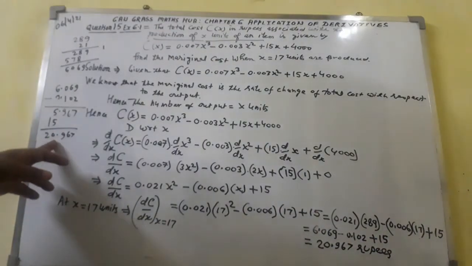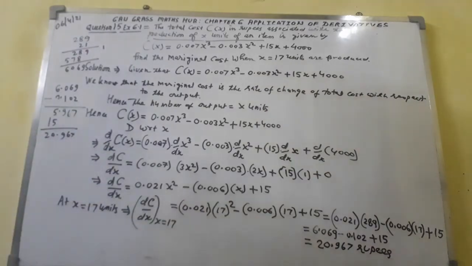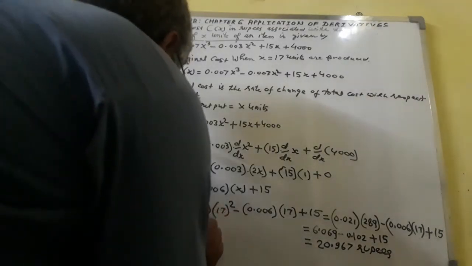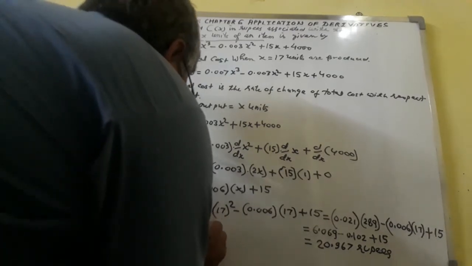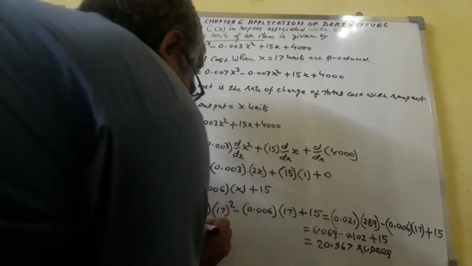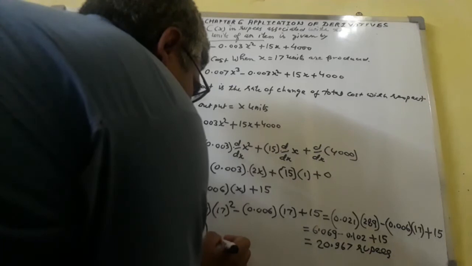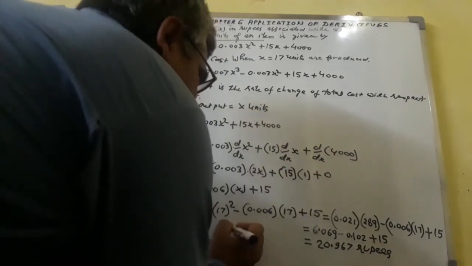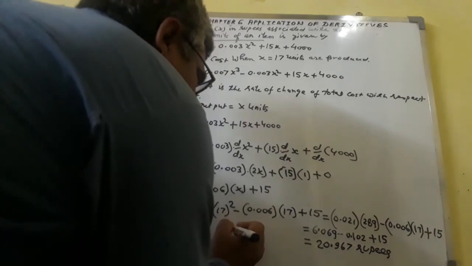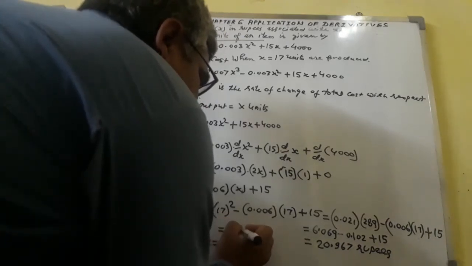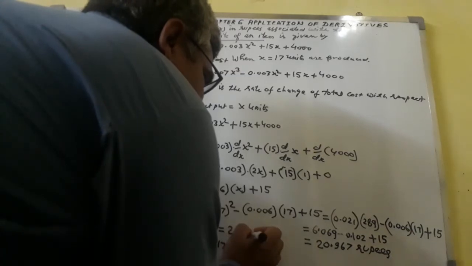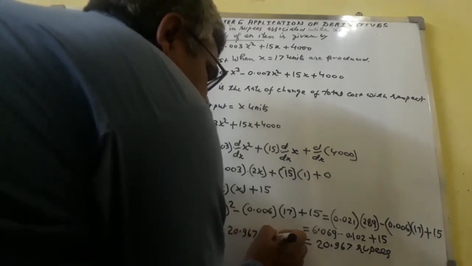So here I shall write 20.967 rupees. So here we have got dC over dx at x equal to 17 as 20.967 rupees.